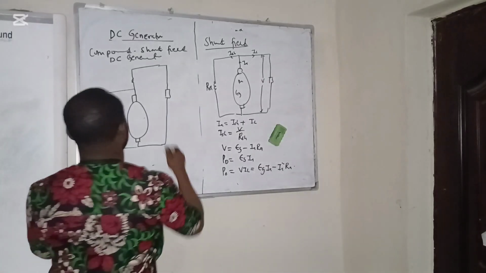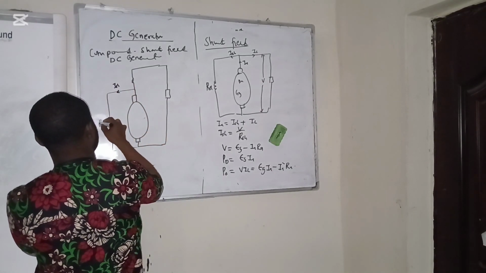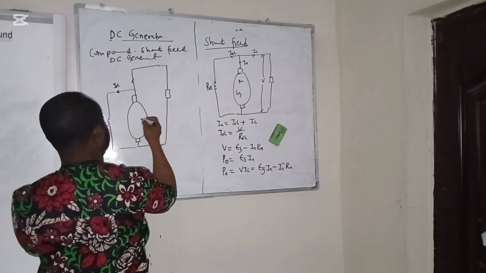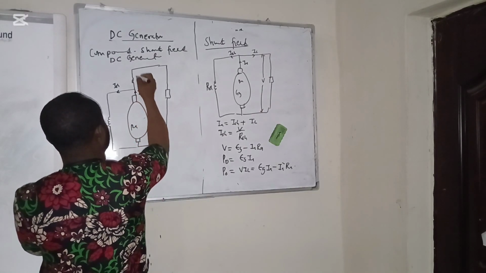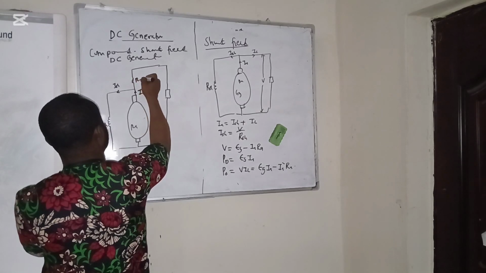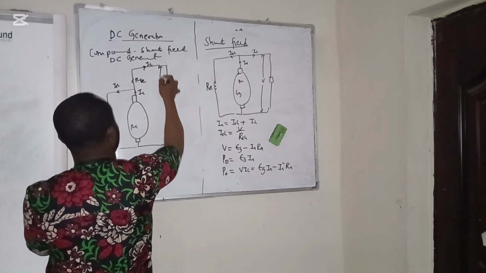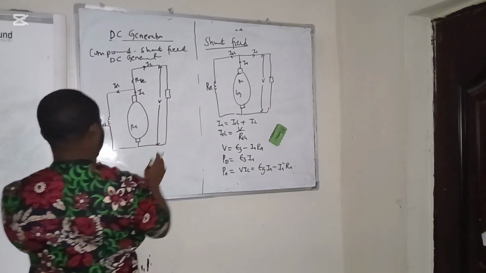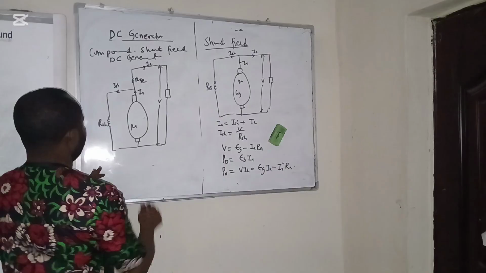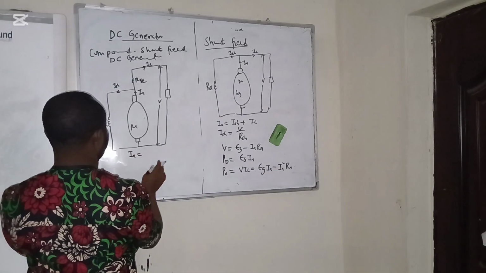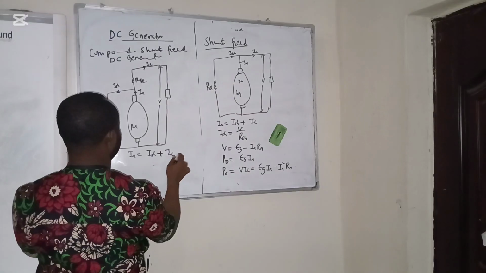So we have this to be your shunt circuit. This is the resistance of that. We have this, and we have this, and we have the series field here. We have load, and we have V. So at this point, we have the armature current equal to this plus this.